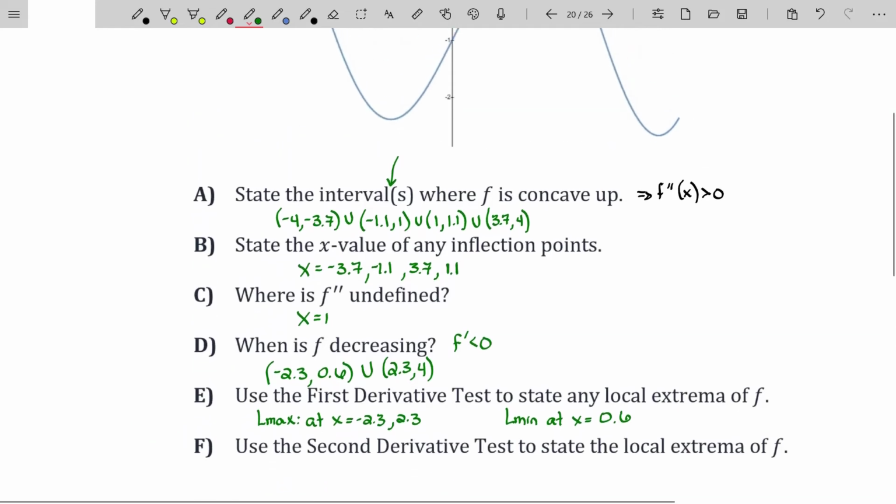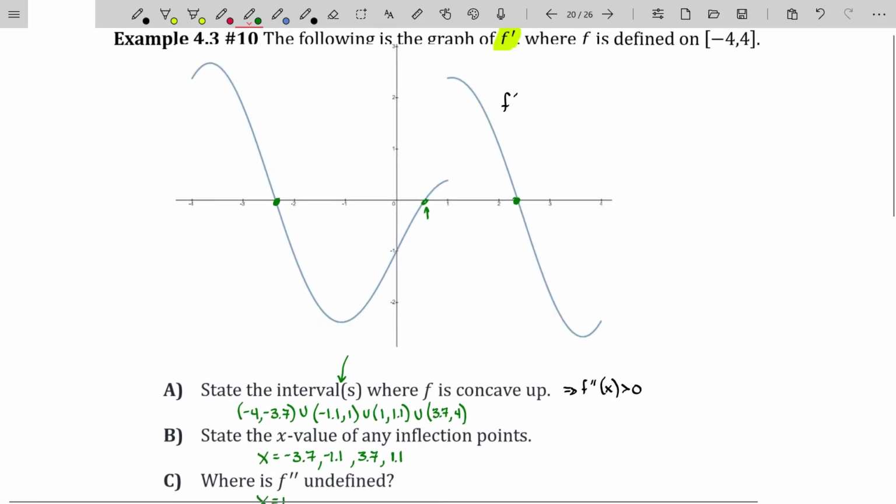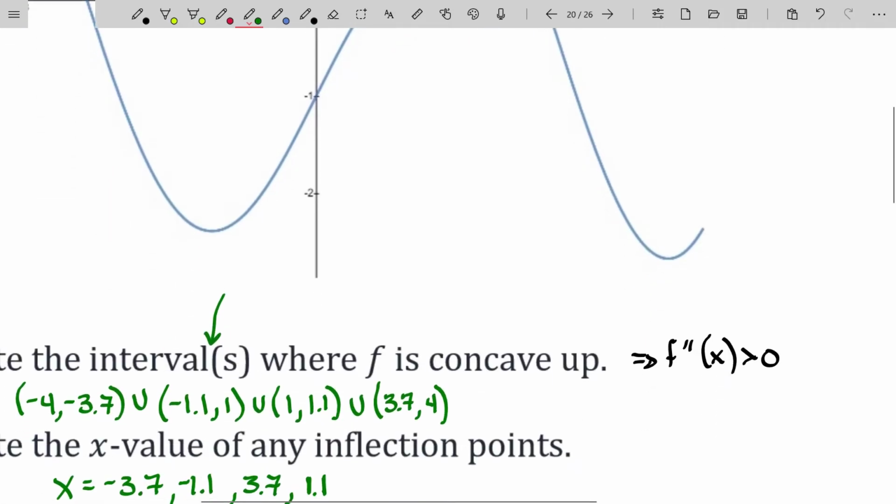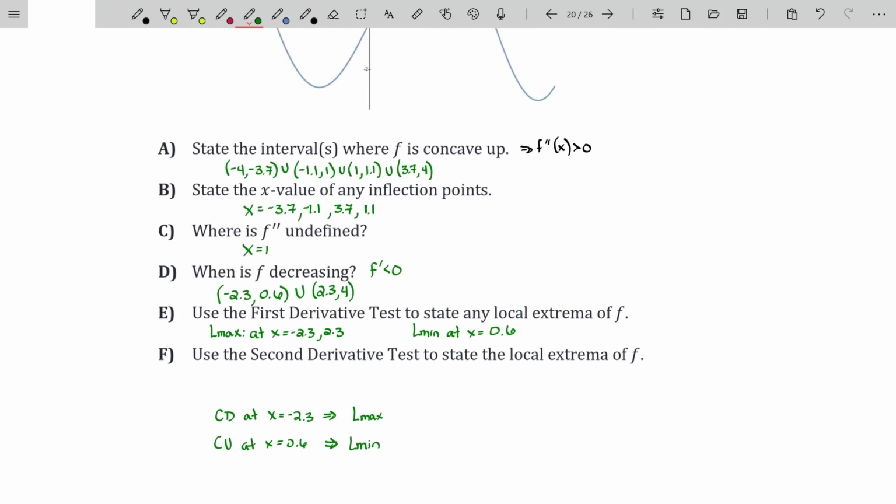Now you can only do this if the second derivative is continuous, and it's not, but it's continuous near 0.6, so we're okay. And finally, at 2.3, our derivative is 0, but 2.3 is not where it's concave up, so it must be concave down at 2.3. So it's concave down at x equals positive 2.3, and it was flatlining at 2.3, so therefore it's a local max.